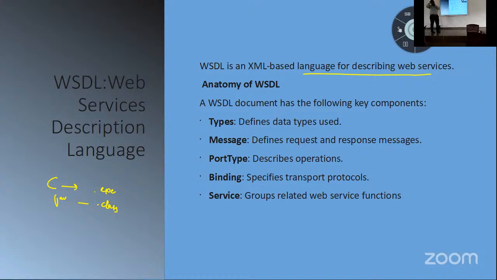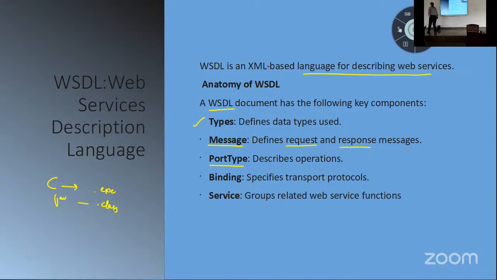When I look at a WSDL document, we find these components. One is types, what we used, and message, or response message, what kind of message it is, whether you are requesting or getting the response. Next, port type operations.